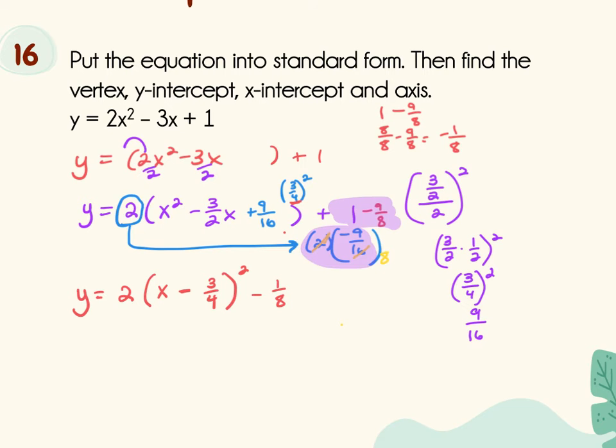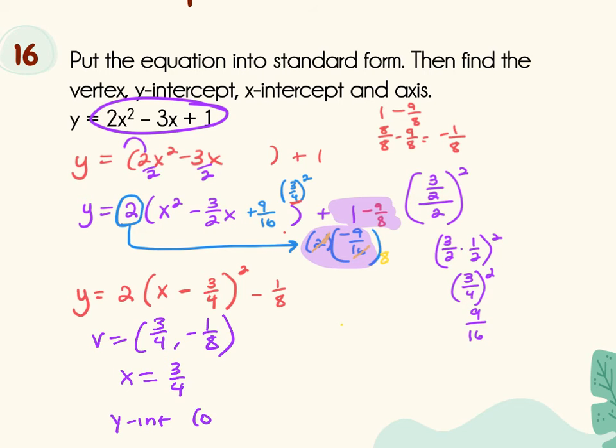Mm-hmm. So do we know where to go from here? My vertex would be 3/4 and negative 1/8. My axis of symmetry is x equals 3/4. To find my y-intercept, I'd go back up here. My y-intercept would be 0, 1. My x-intercept, this time I can actually factor. And I get 1/2 and 1.